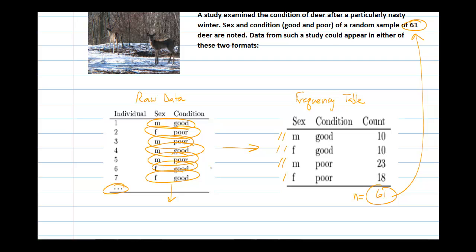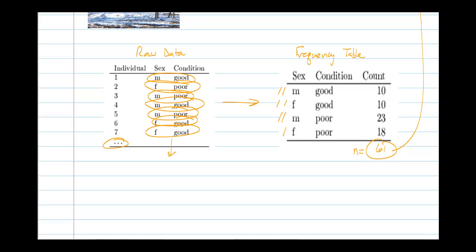Now our first question here is basically about the individuals. Who are the individuals and what are the variables, and are these variables quantitative or qualitative? So let's go ahead and talk about the individuals. What is being studied? Well, in this particular example, the individuals are the 61 deer. And then for the variables, I note a couple of things.